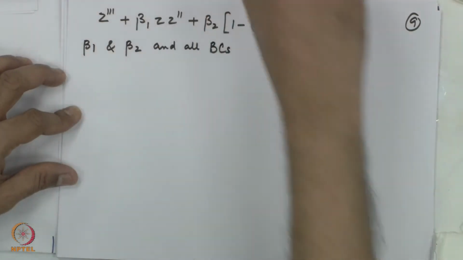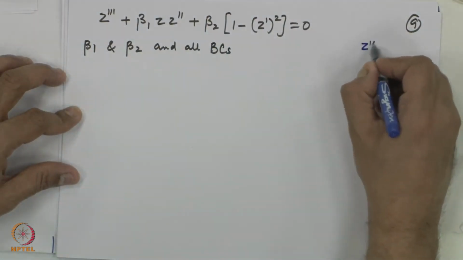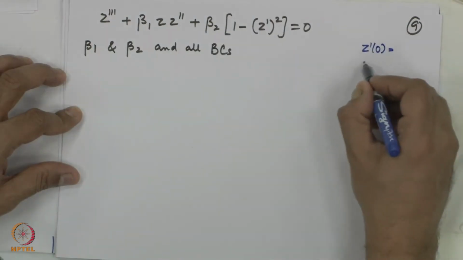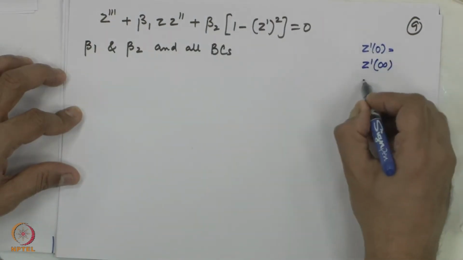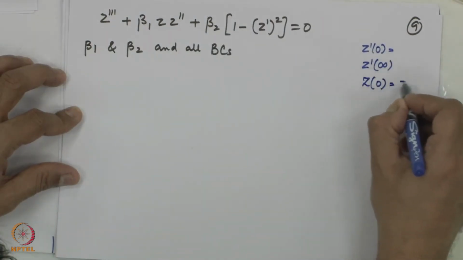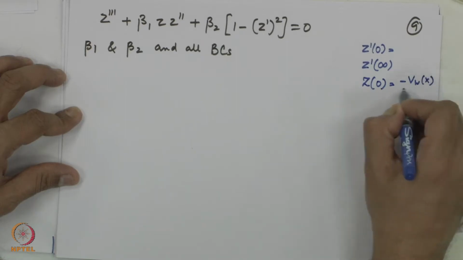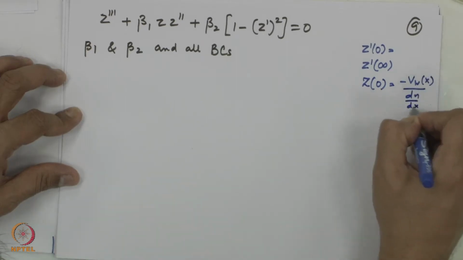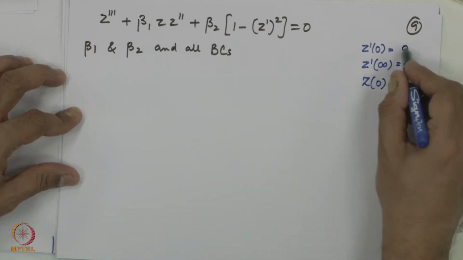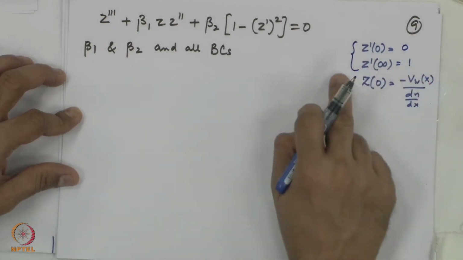What are the three boundary conditions? z prime of 0 is something, z prime of infinity is something, z of 0 is minus Vw of x divided by dn of x. This is 1, this is 0. These two are not an issue.